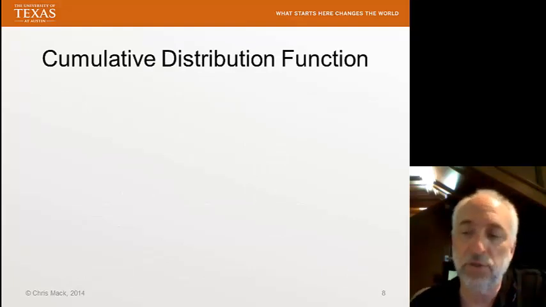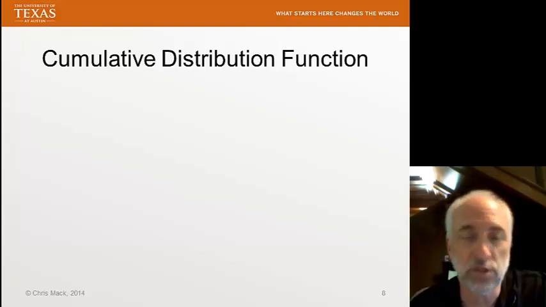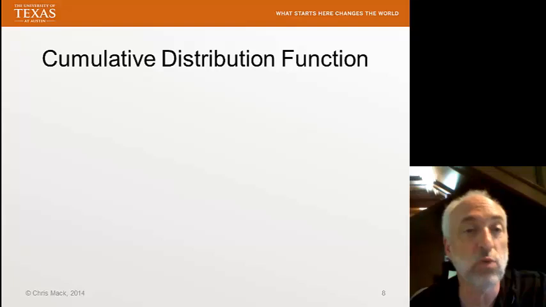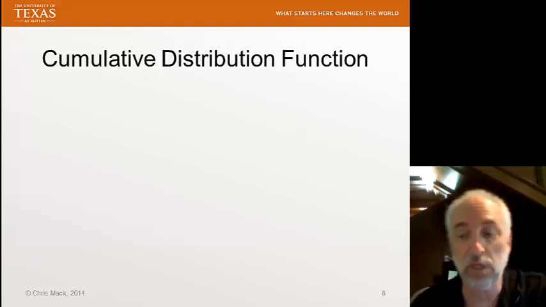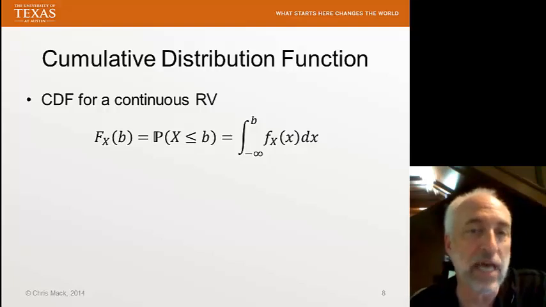Before going on to a different continuous random variable, let's talk about the cumulative distribution function. We defined what the cumulative distribution function was for a discrete random variable a couple of lectures ago. Now let's look at the CDF, cumulative distribution function, for a continuous random variable.